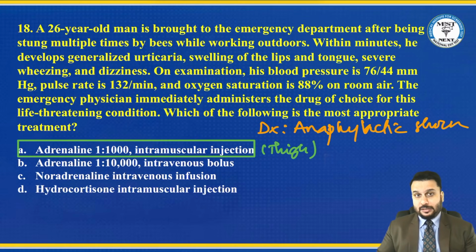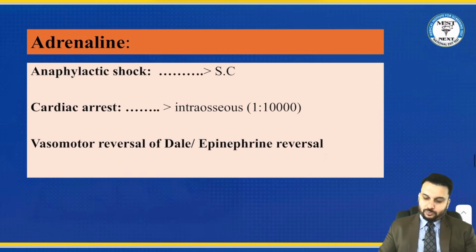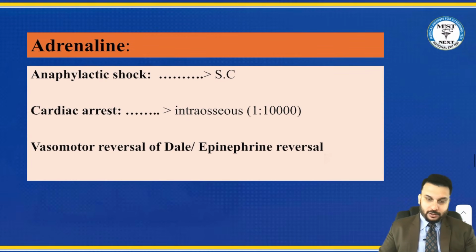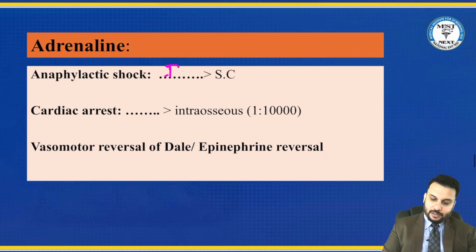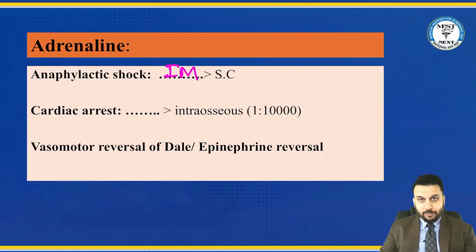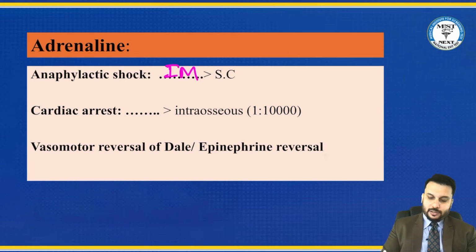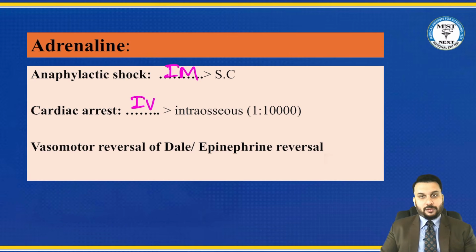And if this is not working, then you go for IV adrenaline, but you have to dilute and give. That is 1:10,000 concentration. Okay, so you must remember, when you talk about adrenaline in anaphylactic shock, IM is better than subcutaneous. Cardiac arrest, IV is better than intraosseous.